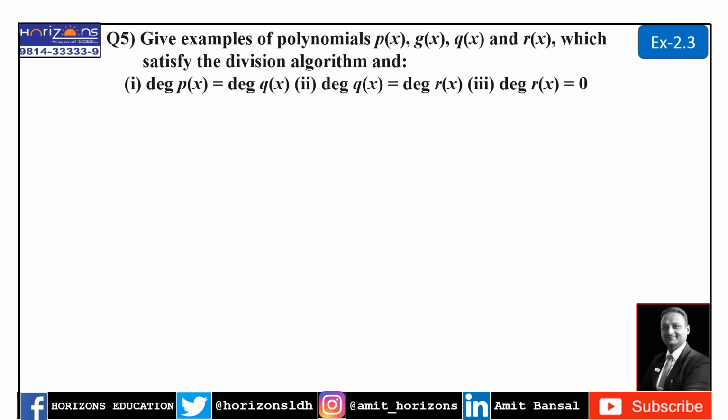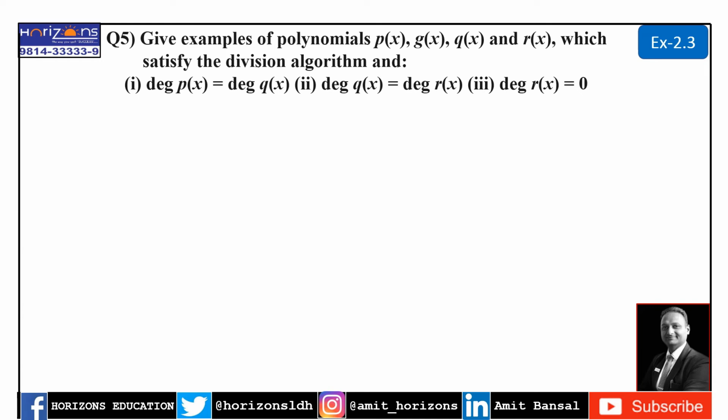Now we know that at the very first step of division, the highest power of the quotient into the highest power of the divisor should be equal to the highest power of the dividend. Right friends? So if the degree of the quotient has to be equal to the degree of the polynomial, it is possible only in one scenario.